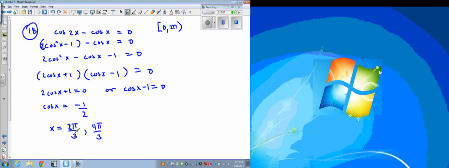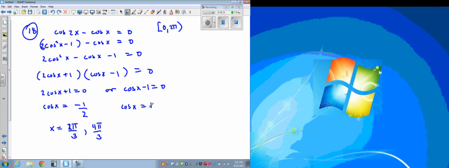Now, that's only 2 in that range where this is true, right? Cosine x equals 1. Where is that?